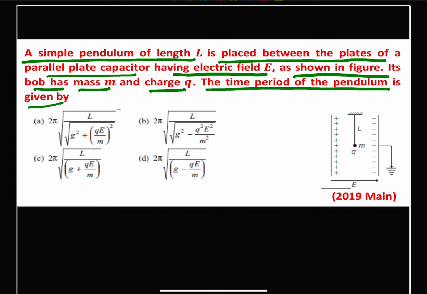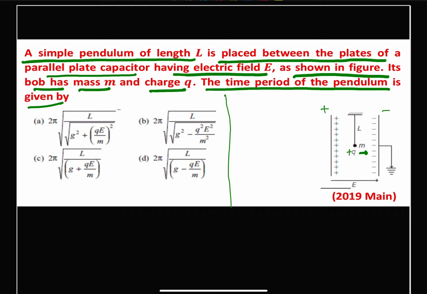We have a parallel plate, and our left side is positive and the right side is negative, and the charge is also positive. So this bob will be attracted towards the right side because of the electric field. In this case there will be two forces acting.